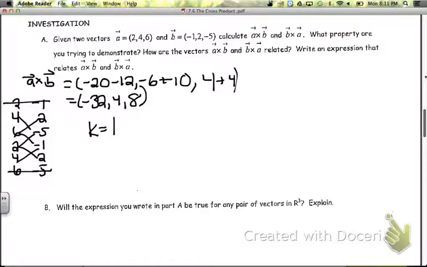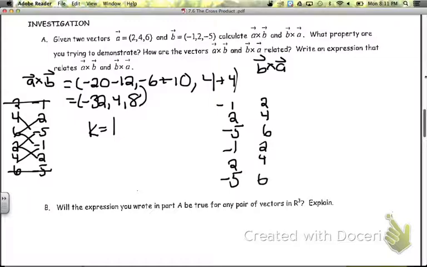And next we can look at our cross product between B and A. So here we're going to write our B first, so negative 1, 2, negative 5, negative 1, 2, negative 5, so the first one should have been negative, and 2, 4, 6, 2, 4, 6. Cross out the top, cross out the bottom, and we can get going here.